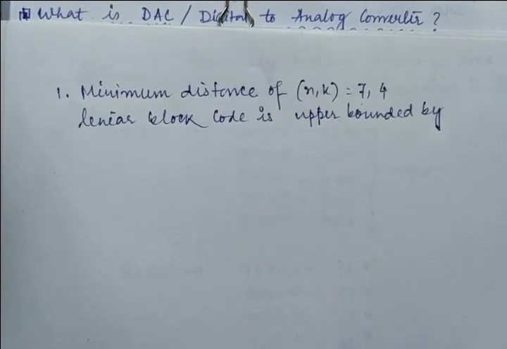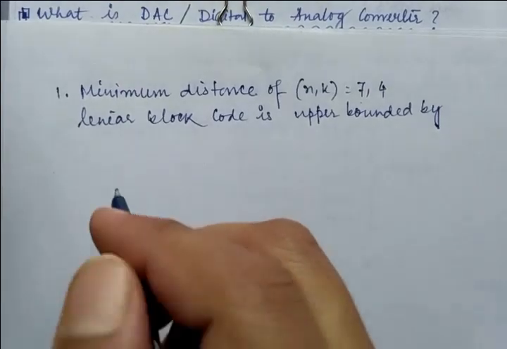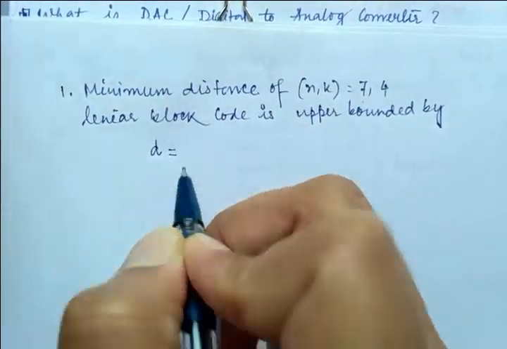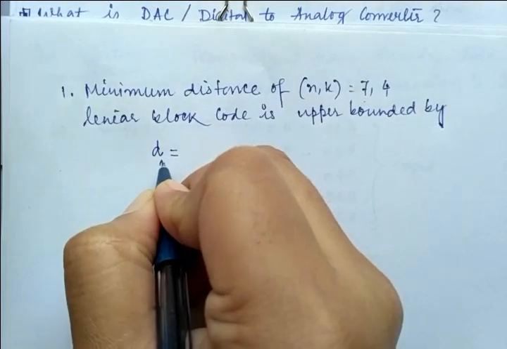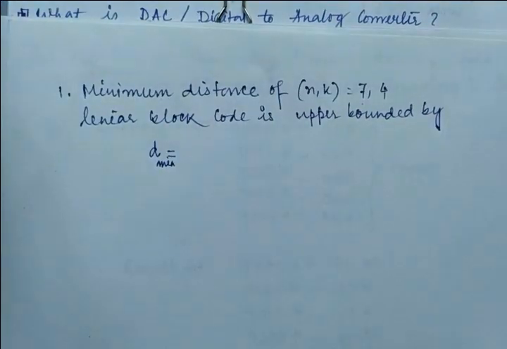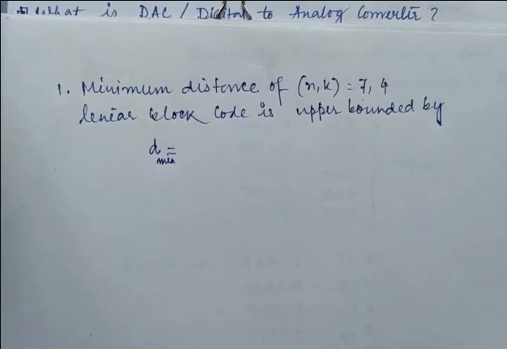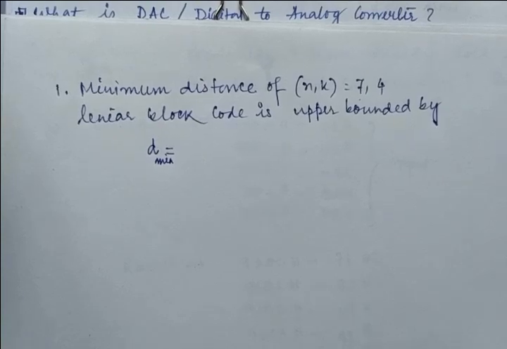I have already shared in my class that the minimum distance is denoted by d or d min. Any parameter you can use for answering the questions. It may be d, it may be d min, right? And what is the formula related to that?